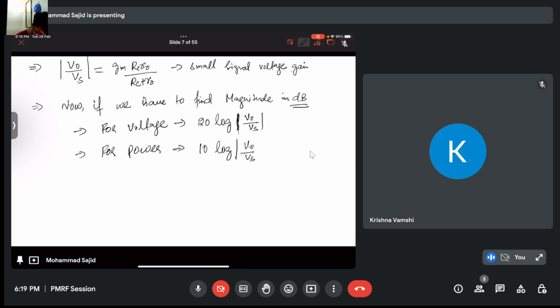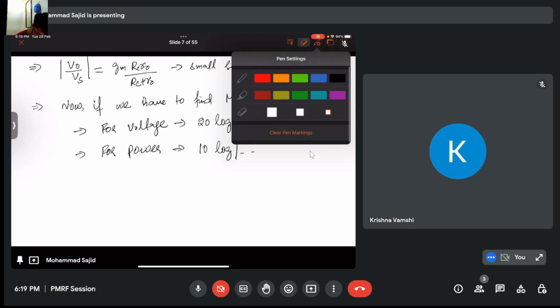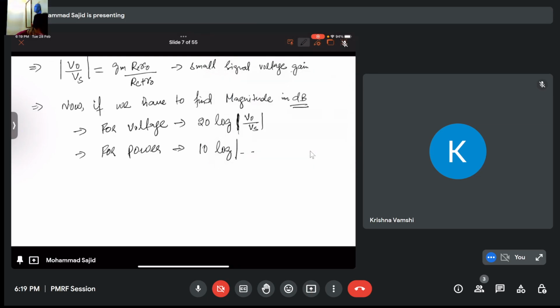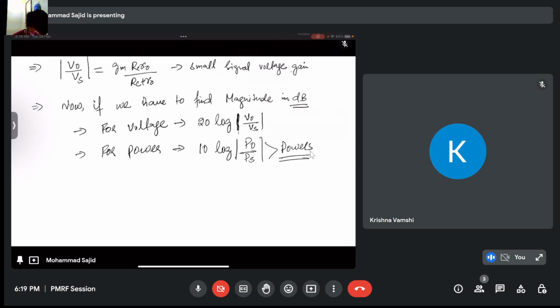To remove any confusion, I will write P naught by Ps, where P naught and Ps are powers. Just to make you understand the difference, this is because power is directly proportional to voltage square.